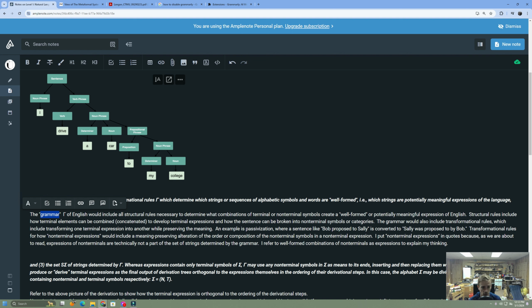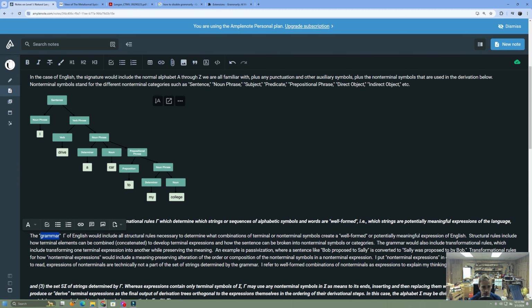So it's the way of moving down the levels of this tree right here, except it's a formal language. It's a little bit confusing, the relationship between grammar and syntax, but basically one is a subset of the other, so one is more specific than the other. It just depends on if you're talking about formal or natural languages.